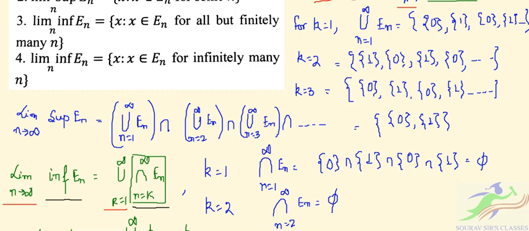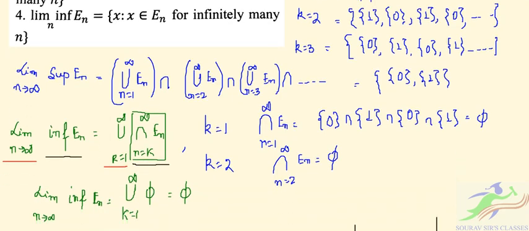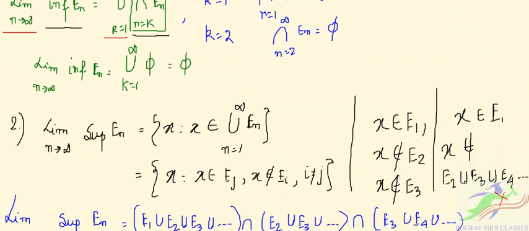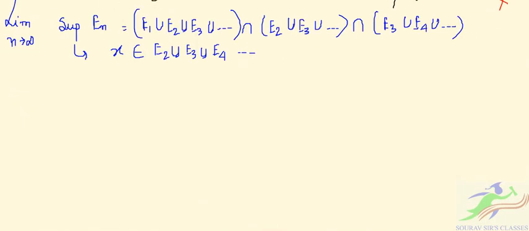It is given the infimum of En, x belongs to this En for all but finitely many n, and the last option is for infinitely many n. This is option 3.